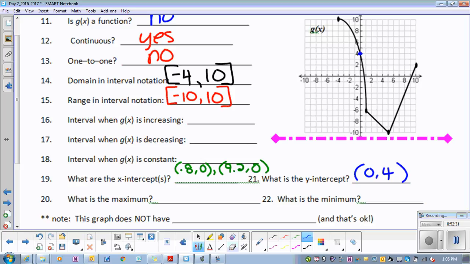No, there's no maximum. What is the minimum? What is the lowest point? About -10. Give me the actual point. 5, -10. Remember, it's a maximum point and a minimum point.